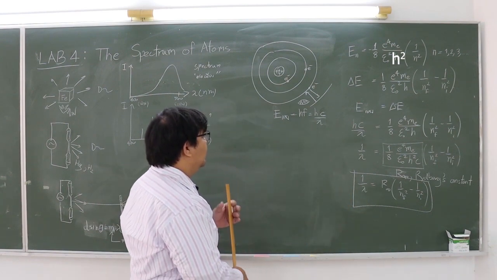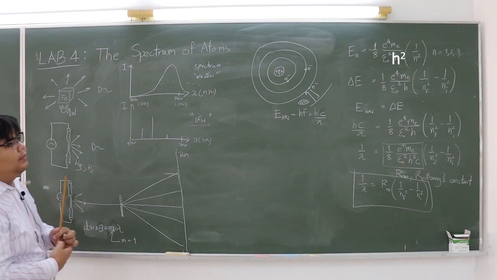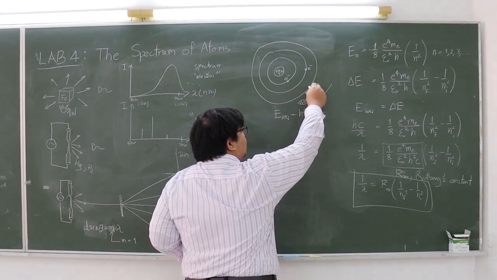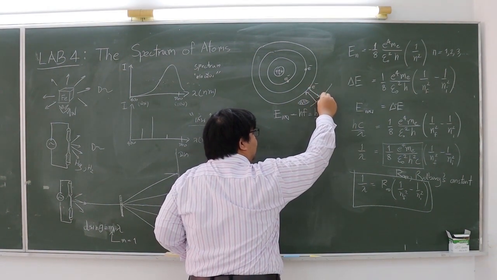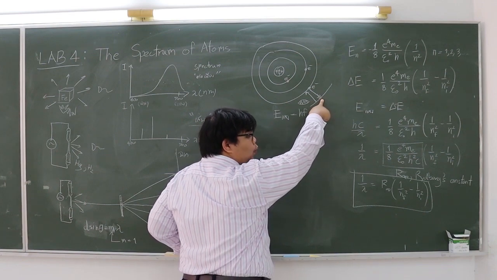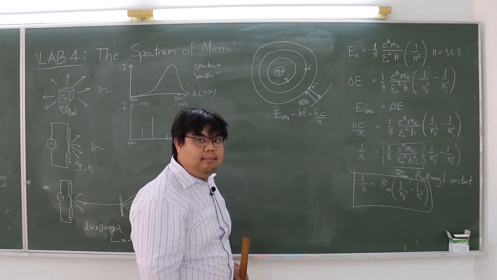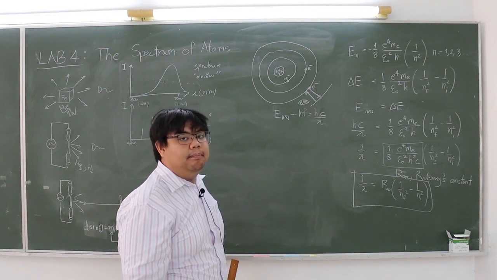Okay, then when I apply electric energy to this, the electron will absorb energy and jump to a higher level, and it cannot stay there for a long time. Then it has to go back, or decay, to the lower level and emit photons.